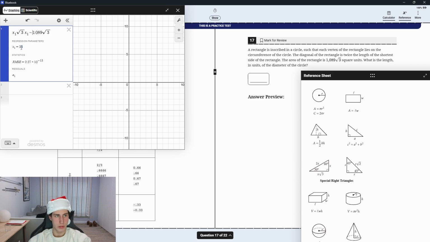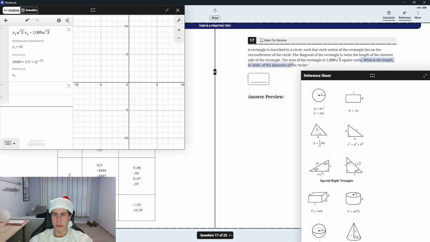So in this case, our x is going to be 33, just if this triangle was extended. So that gives us the x of this triangle, and it gives us the height.